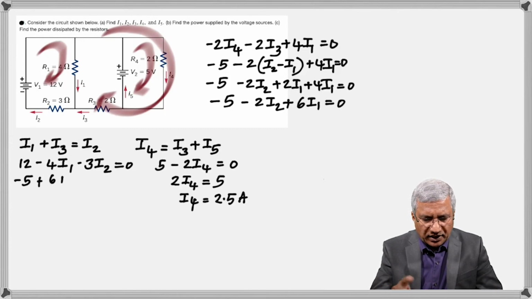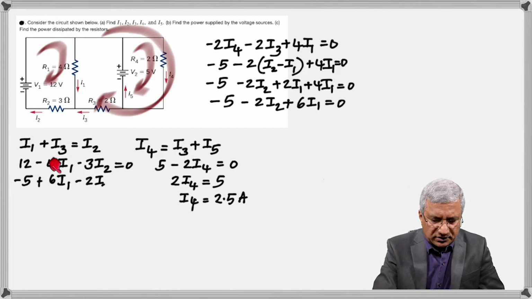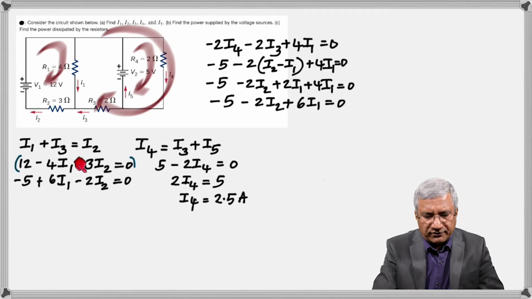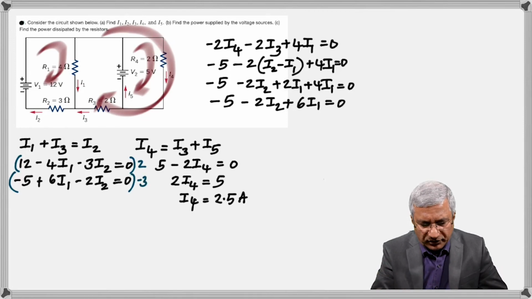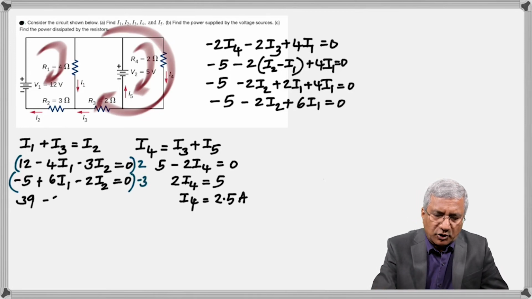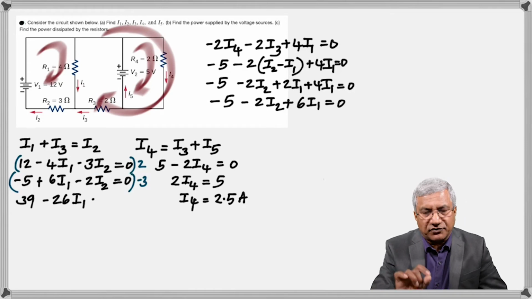So I'm writing that equation down here and then just rearranging it to make the I1s and the I2s come together. So now we have two equations with two unknown variables, and I'm going to solve them by multiplying the top equation with 2, the bottom equation with -3, and adding them.